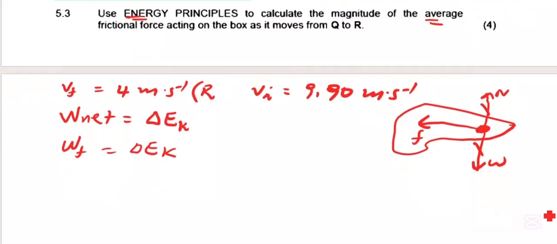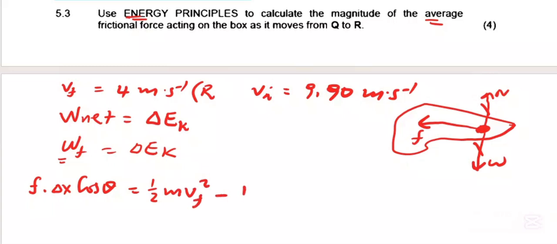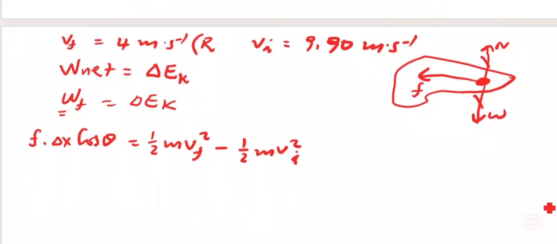The formula for work done by friction is frictional force times delta x cos theta, which is equal to 1/2 mv squared final minus 1/2 mv squared initial. So the frictional force is what we are looking for.